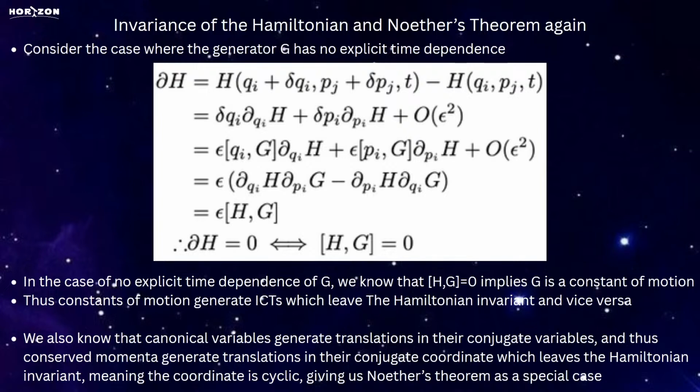And if we flip this on its head, because this is a two-way relation, if a certain translation results in the Hamiltonian being invariant, then the corresponding momentum is conserved. That is the statement of Noether's theorem, which we have just shown right now, but using the Hamiltonian instead of the Lagrangian formulation.